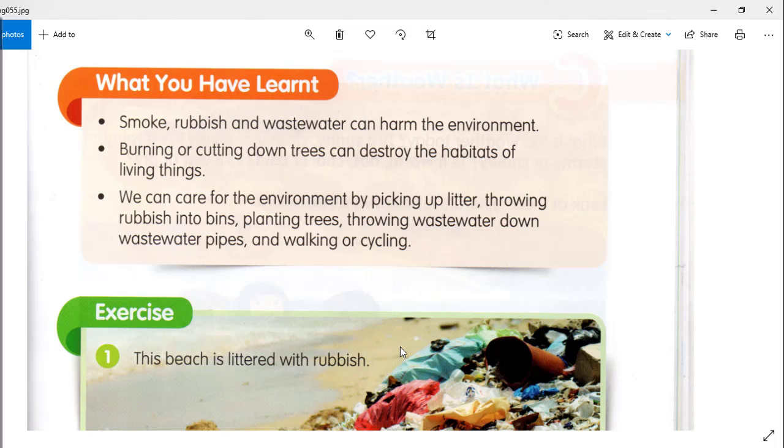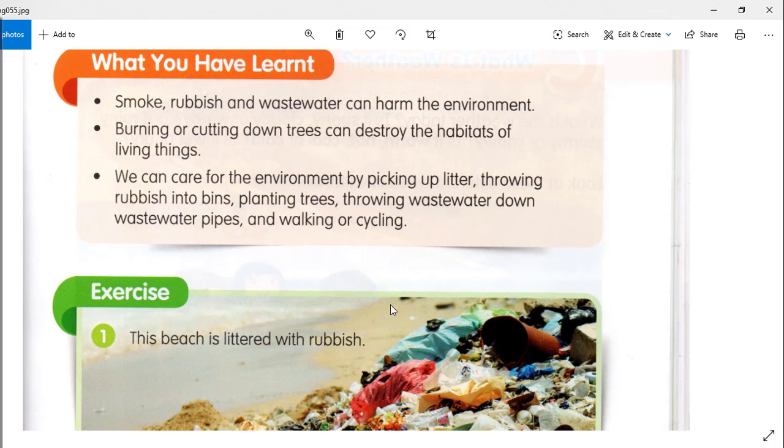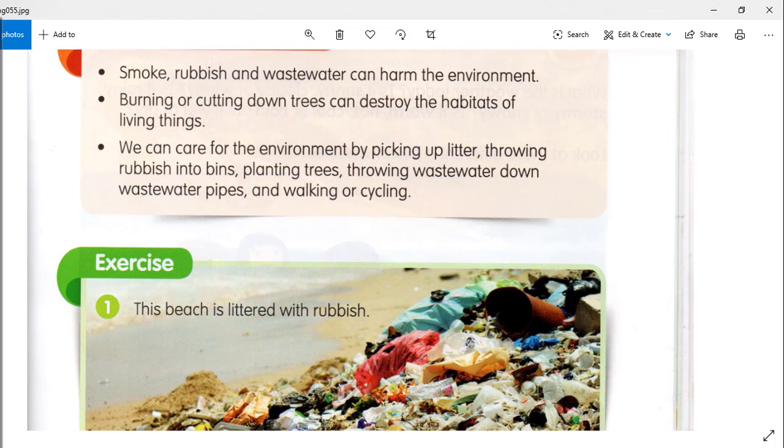Also, burning and cutting down trees can destroy the habitats of living things. So living things that we know is not only animals but also plants. So we can care for the environment by picking up litter, throwing rubbish into bins, planting trees, throwing wastewater down wastewater pipes, or walking or cycling. So that's the thing that we have to remember. That's the thing that we have learned in this online learning.